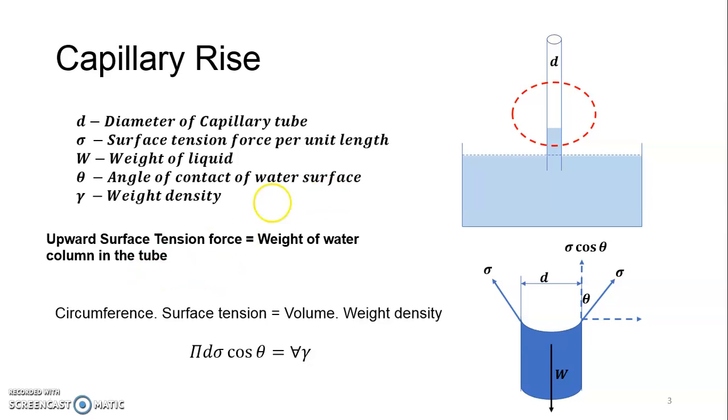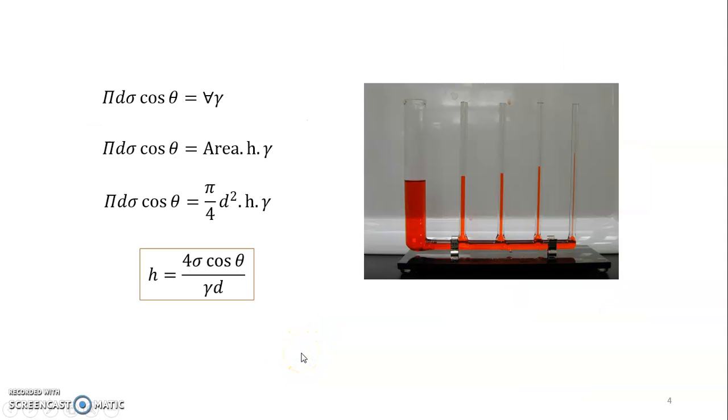The upward surface tension force is nothing but circumference into surface tension, and the weight of water is volume into weight density. So circumference into surface tension in the vertical direction is pi d sigma cos theta, and that should equal the volume into gamma.